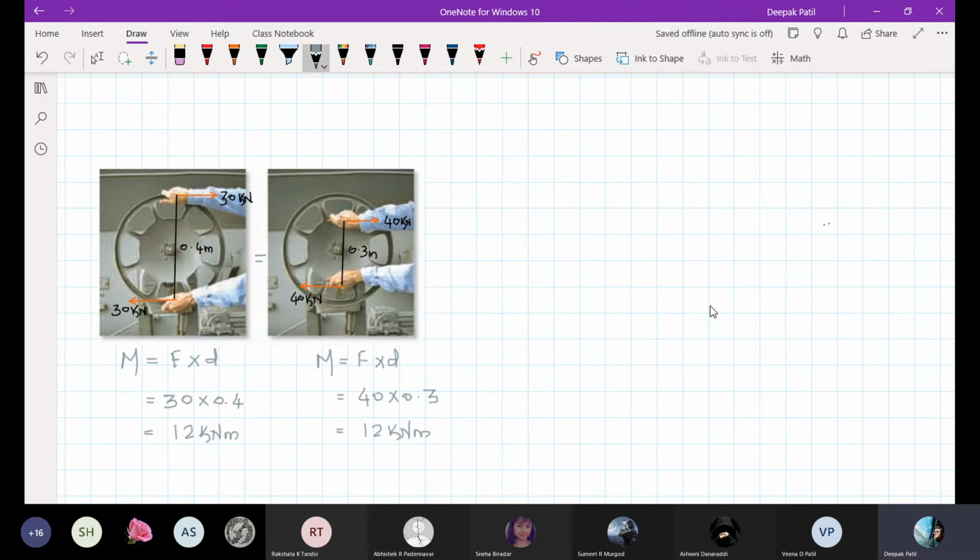Yes. Okay, now my next question is: if a task is given to you to rotate this wheel in the clockwise direction, and option 1 is this one and option 2 is this one, which option would you like to choose?